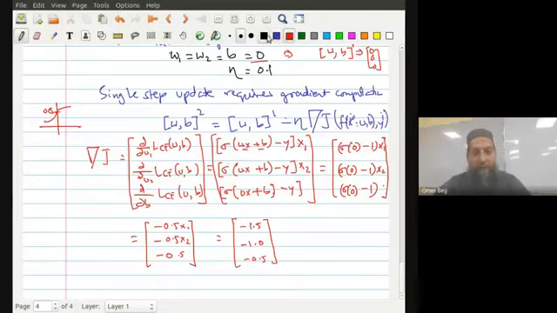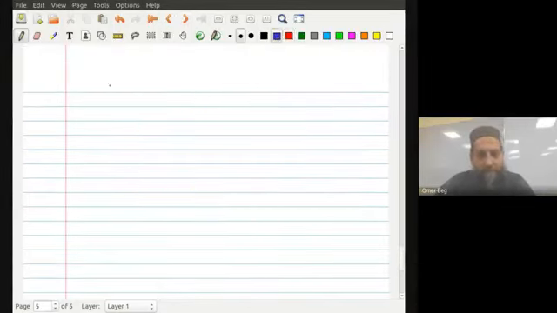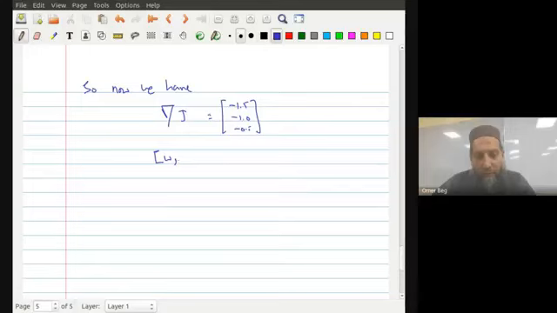And so now we have the gradient of J computed as minus 1.5, minus 1.0, and minus 0.5. Okay. So what we have is the update equation: the weight vector and bias at time t plus 1 is equal to the weight vector and bias at time t minus eta multiplied by this. And let's just plug this in to figure out the new values.